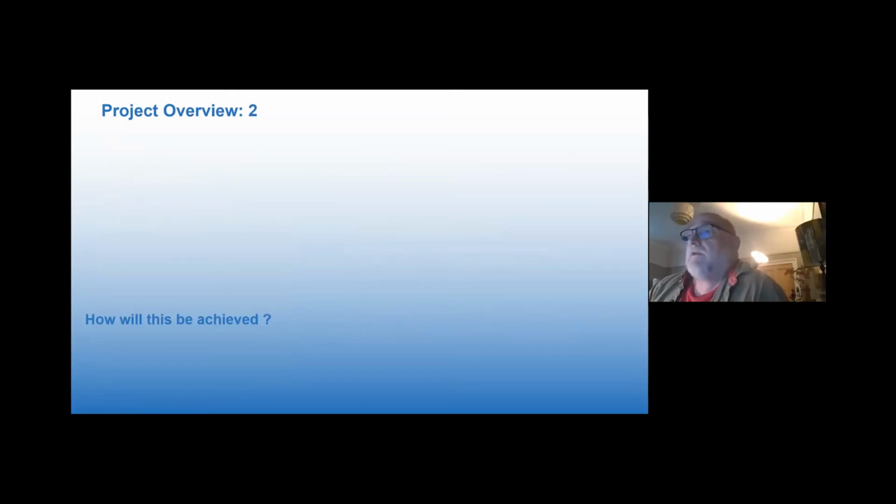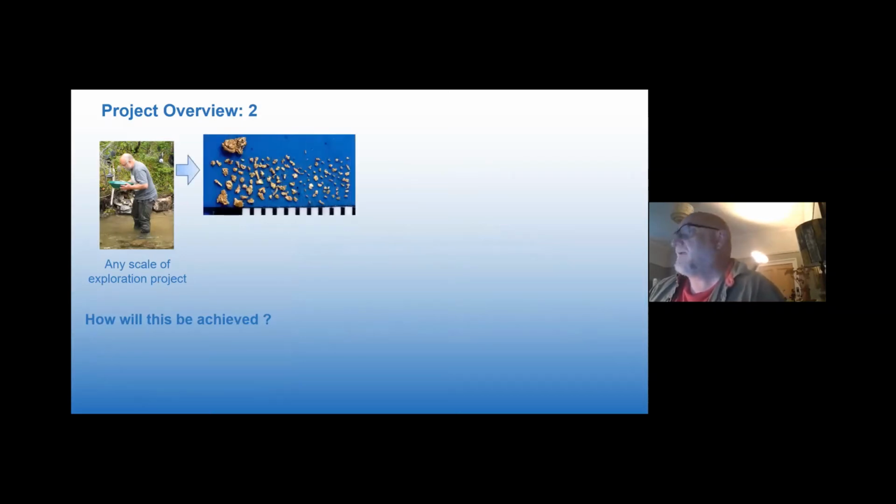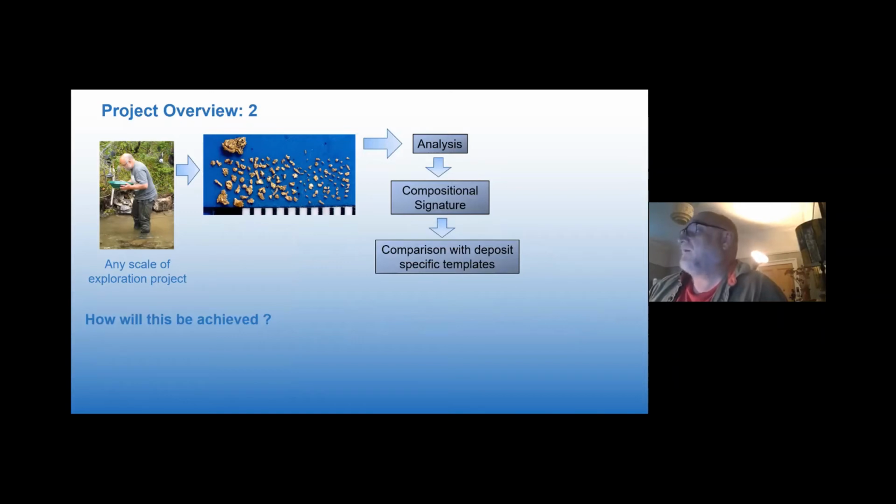How will we achieve this? Well, you need a prospector, any age, any size, or any size of company, from an individual to a large multinational. You collect some gold grains, and then they are subject to compositional analysis. That gives us a signature, and we can compare that signature with those of specific deposit templates.